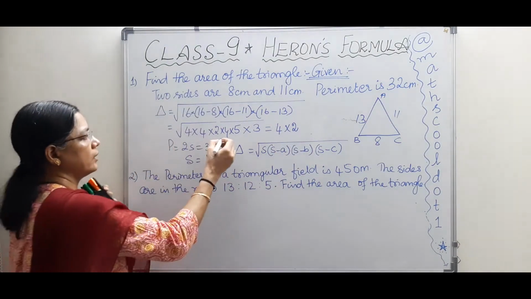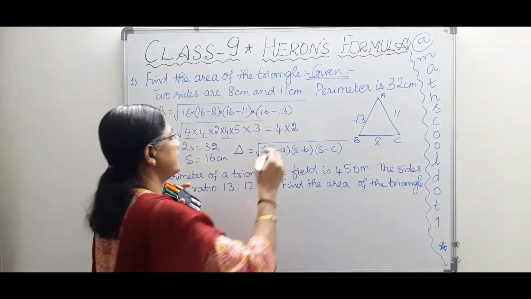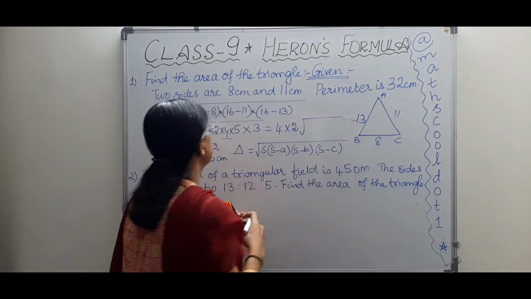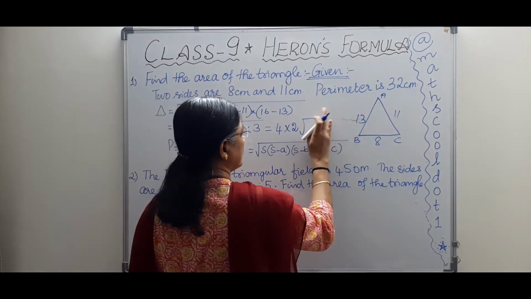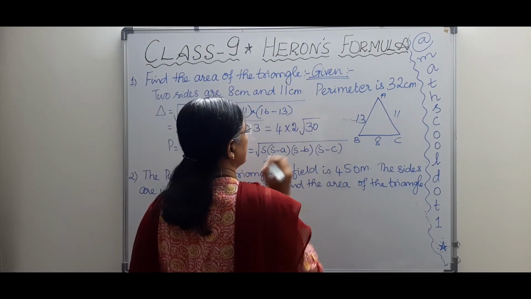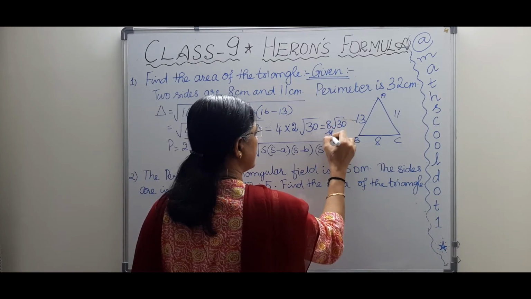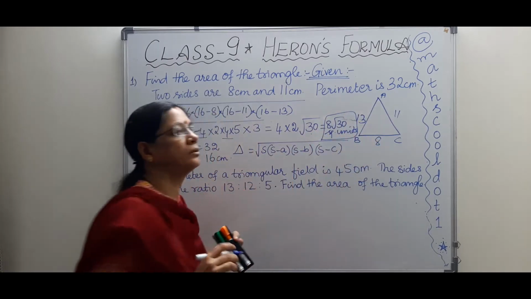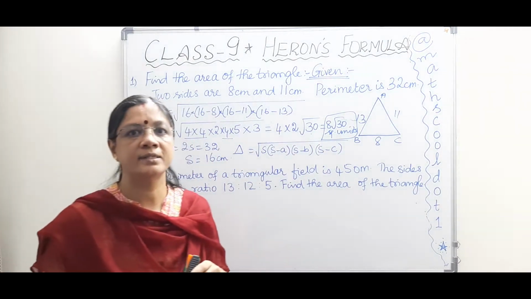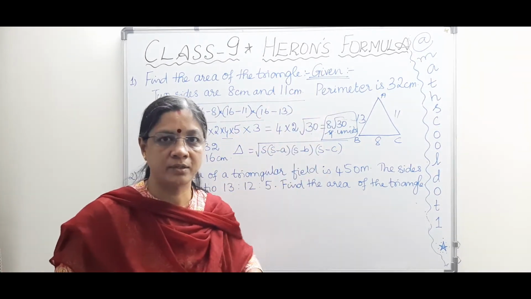For one 4 I have taken 2 and for 16 I have taken 4 outside, and the remaining things, 2 into 5 is 10, 10 into 3 is 30. So what is the answer? 8 root 30 square units. Okay, so 8 root 30 square units is the area of the given triangle whose two sides and perimeter are given. Do you understand?